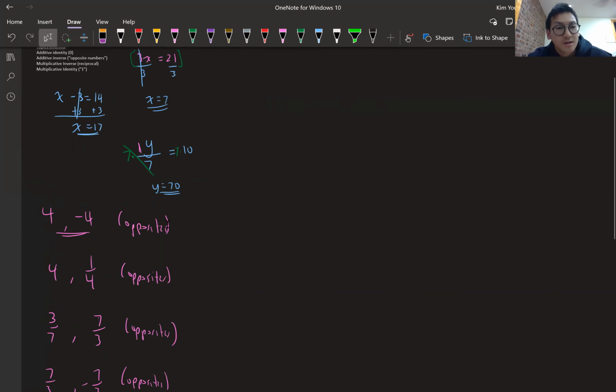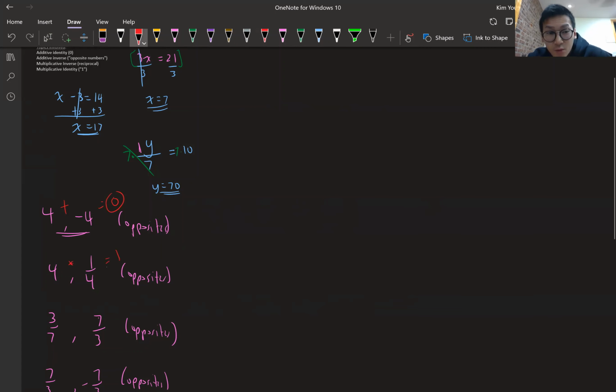So once again, just to recap: these are opposites because when they interact with this operation called plus, 4 plus -4 equals 0, and that's called the additive inverse. And these are opposites because when they interact with multiplication, 4 times 1/4 gives you 1, the multiplicative inverse.